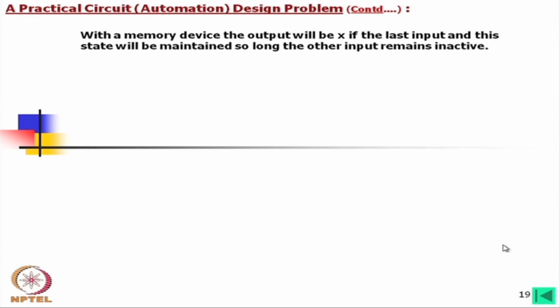With a memory device, the output will be A if the last input is x, and this state will be maintained so long as the other input remains inactive. This is also true for the water level.